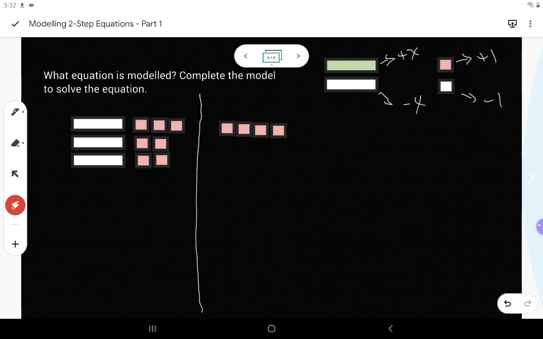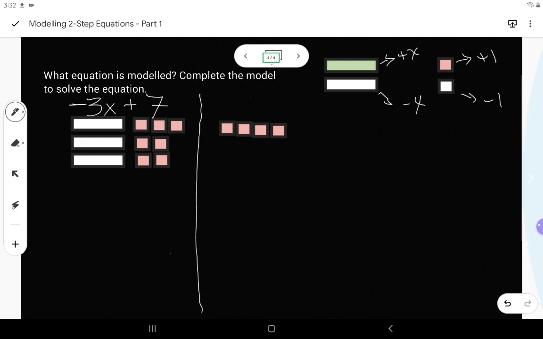Okay, when we're looking at this, we can clearly see I've got 3 of these x's, and those x's are not colored in. So I've got 3 x's, but since they're not colored in, that means I've got minus 3x, or negative 3x. I then have 1, 2, 3, 4, 5, 6, 7 ones, and they're positive. So in between, I put that positive sign, and then 7.